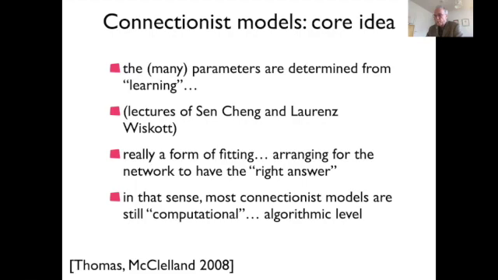The most popular approach, the backpropagation approach, is clearly a form of fitting, where you tell the network what the right answer is, and you use the difference between the answer the network gives and the right answer to determine the parameters so that it will get closer to the right answer. That's essentially a form of fitting. It's nothing that would be really related to the experience of learning something.